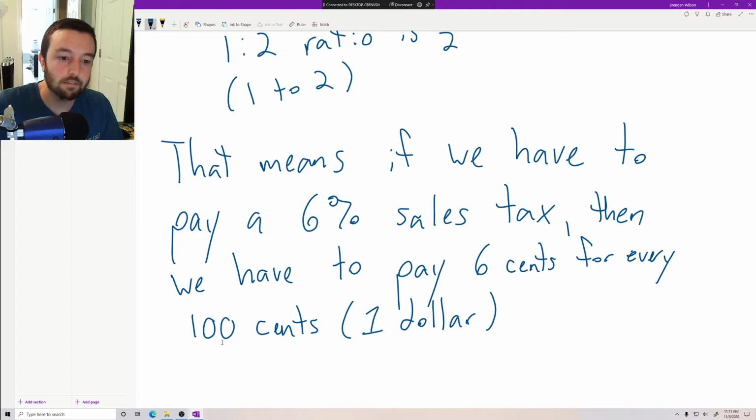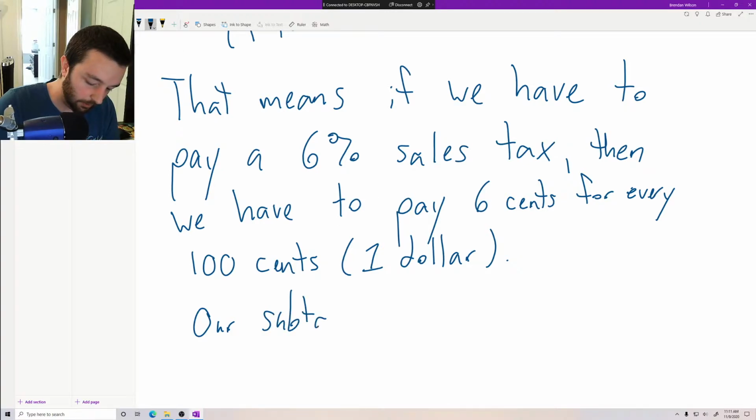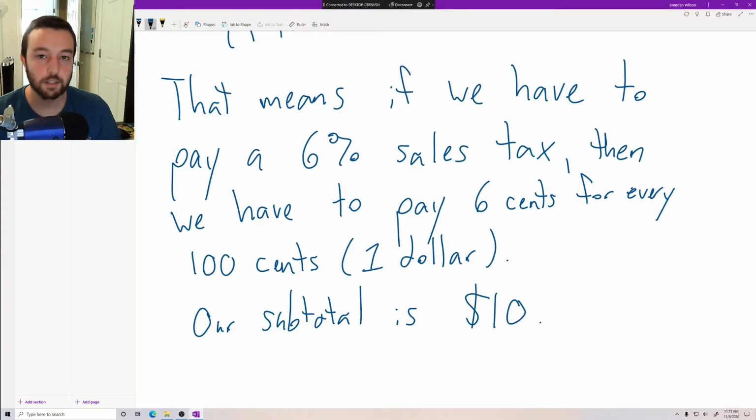So that means if our subtotal is $10, if there's a 6% sales tax, that means that we have to pay 6 cents for every dollar. Well, there's $10, so we have to pay 6 times 10, right? Or 60.